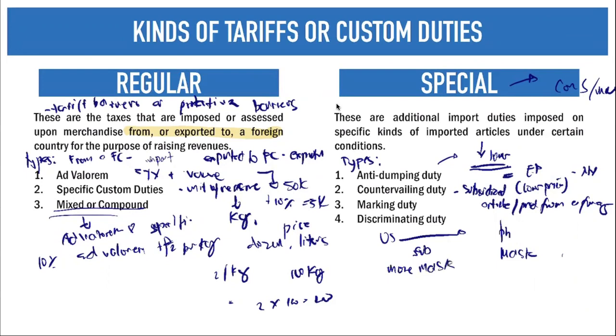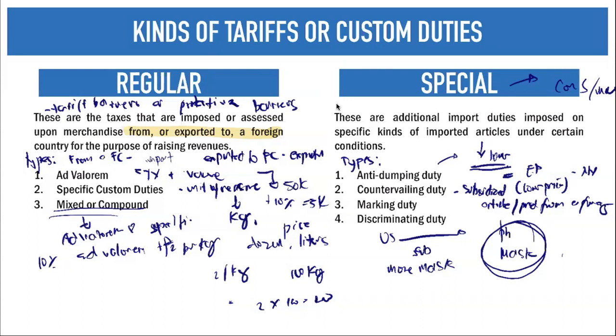Because of this more mass, what happens now with the PH mass consumer or manufacturer? They are now threatened because, again, with the subsidy, the consumers might not buy from the Philippines or from the Philippine manufacturer. Therefore, what happens now is that the subsidized material will be subject to a countervailing duty.